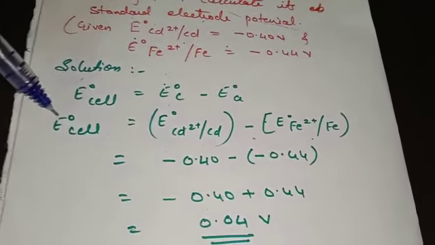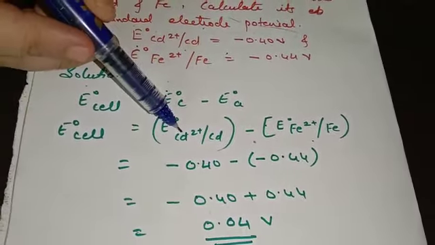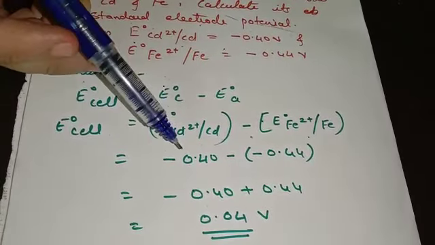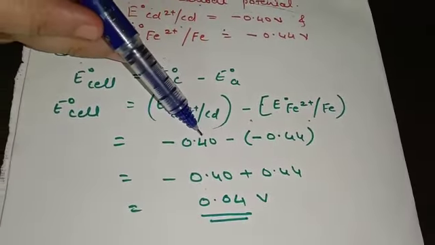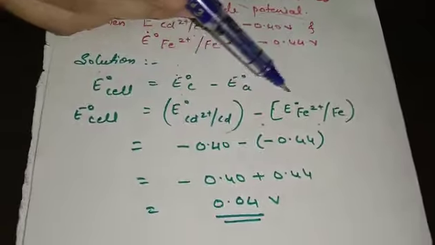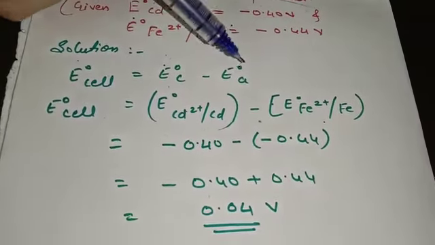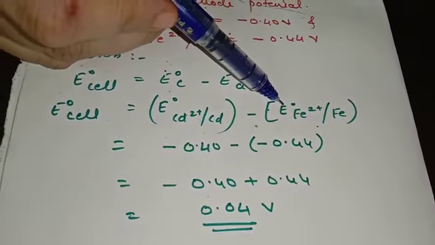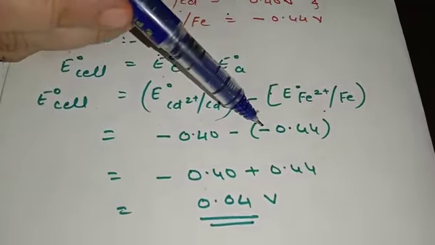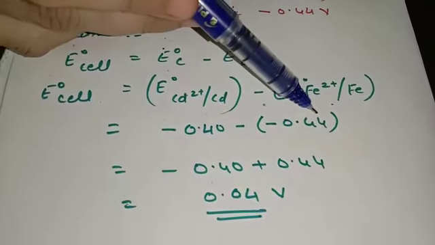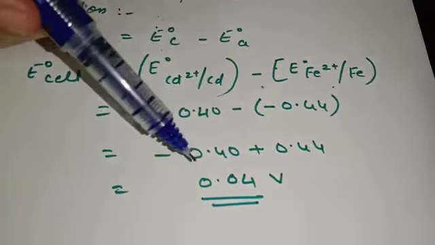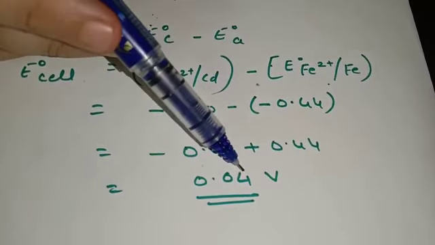So here E naught cell is equal to E naught cadmium, whose value is minus 0.40 volt, minus E naught anode, which is iron, with value minus 0.44 volt. By solving this, you get the answer 0.04 volt.